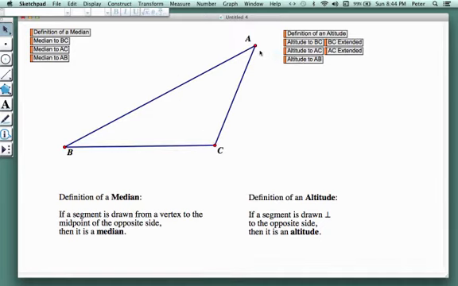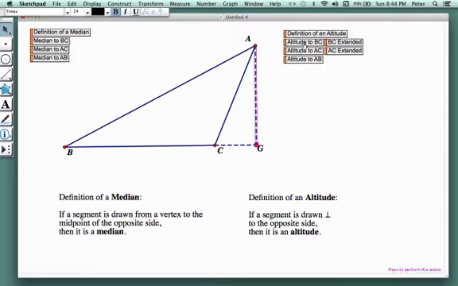Well, BC isn't going to meet a line drawn perpendicular from point A. So what we'll have to do is extend BC so that when we draw the altitude from A, it will meet it outside the triangle, and that's okay.